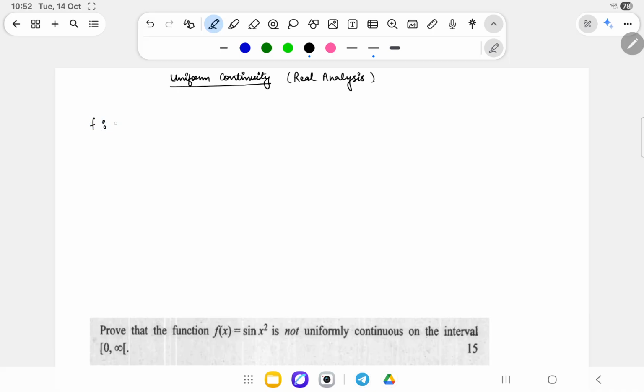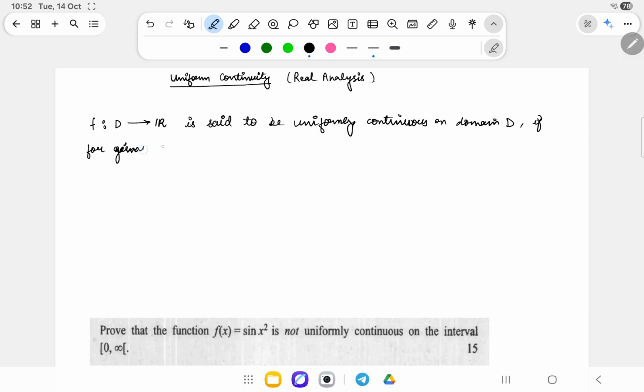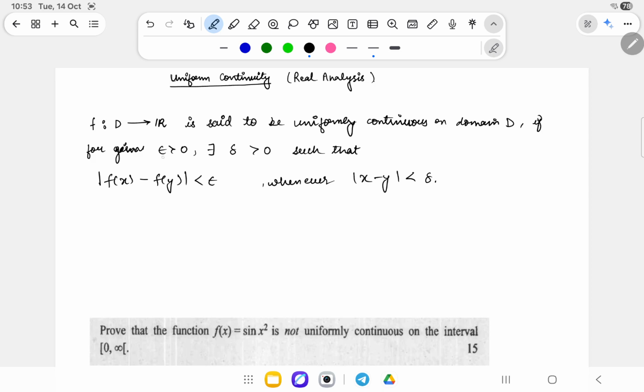A function f from, let's say, domain D to the real line is said to be uniformly continuous on domain D if for given epsilon greater than 0, there exists a delta greater than 0 such that modulus of f(x) minus f(y) is less than epsilon whenever |x minus y| is less than this delta that we got based on the epsilon given.